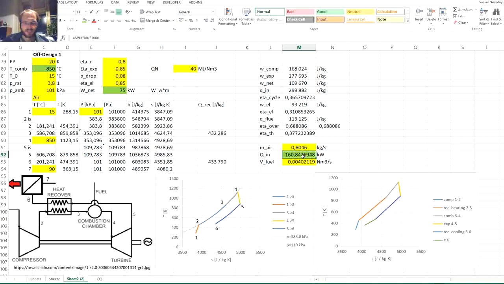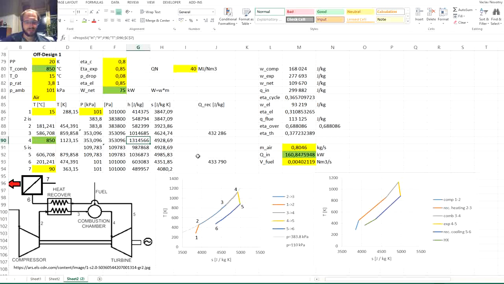So now, since we have the fuel input, I said that the burning temperature would not be specified, but it would actually be a result of the heat input, because we have the enthalpy at point 3, and from 3 to 4 we already have given the mass flow rate and we have the heat input.